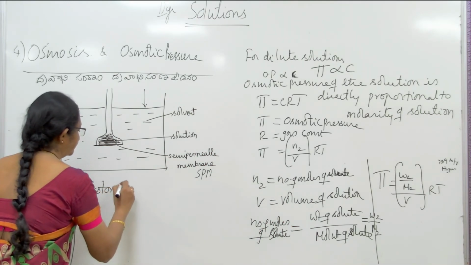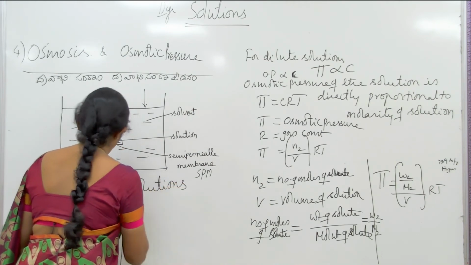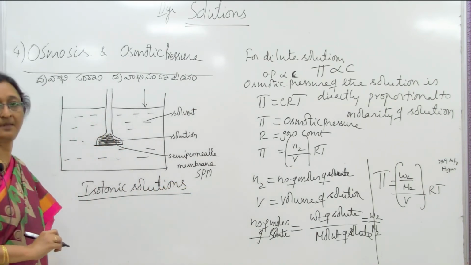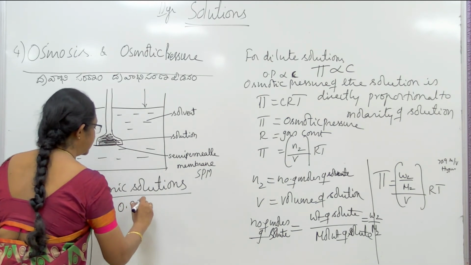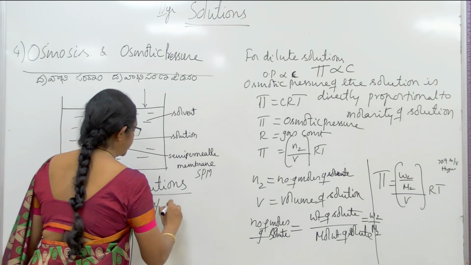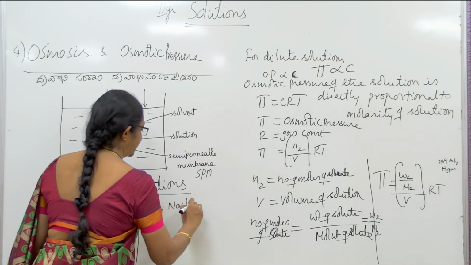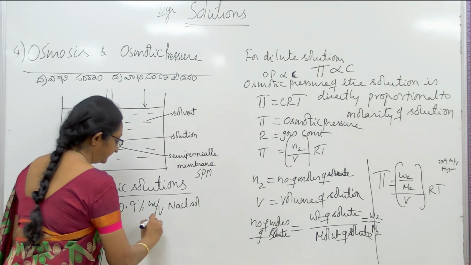And here we can see different kinds of solutions, like hypertonic solutions and hypotonic solutions. Now, what are isotonic solutions? The solutions which have the same osmotic pressure are called isotonic solutions.